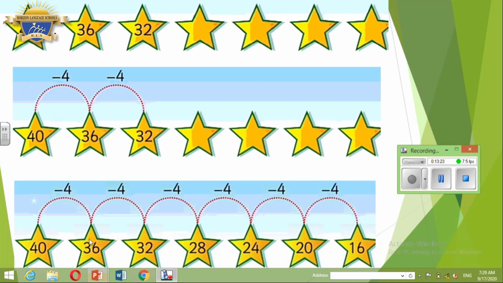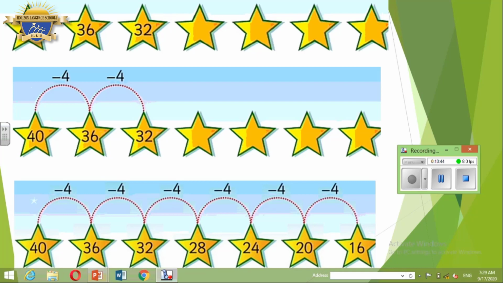40 minus 4 equals 36. 36 minus 4 equals 32. 32 minus 4 equals 28. 28 minus 4 equals 24. Minus 4 equals 20. Minus 4 equals 16.